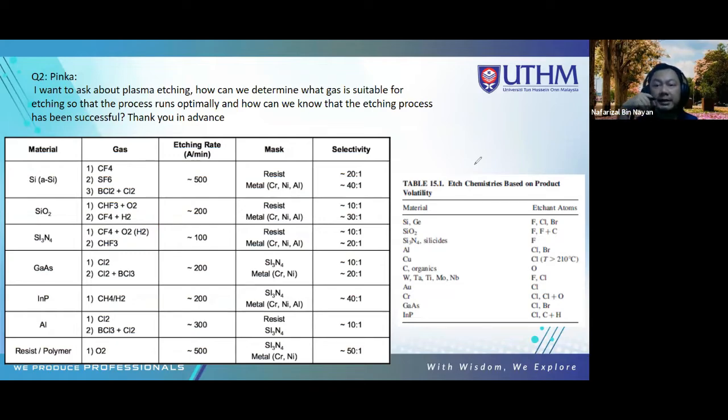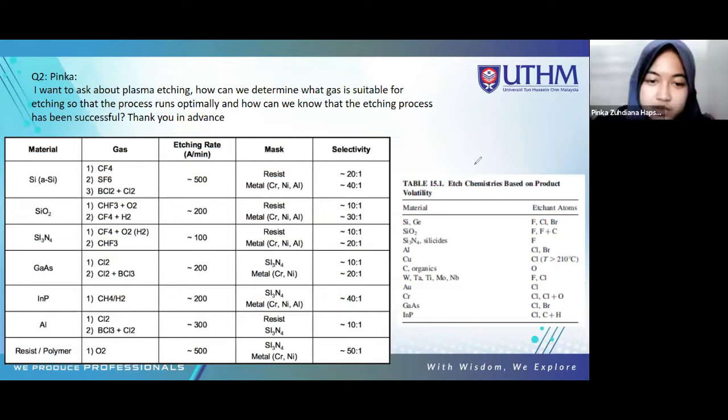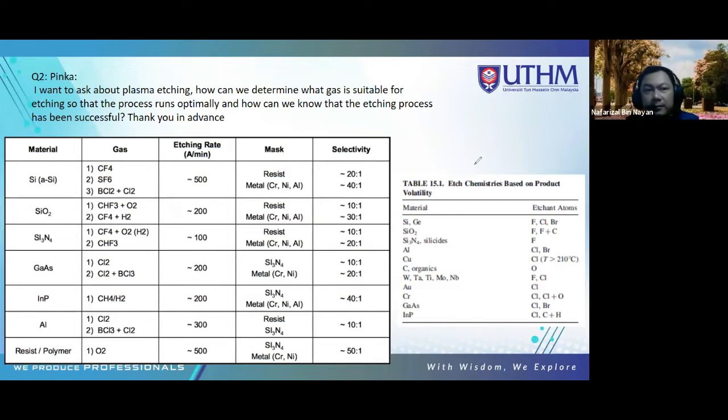Yeah, your voice has a little bit of delay, but if I understand it correctly, yes, for a specific material you need to use specific gases. Is that your question? Oh, okay. I got the point. Thank you, Prof. Okay. Thank you for the question.